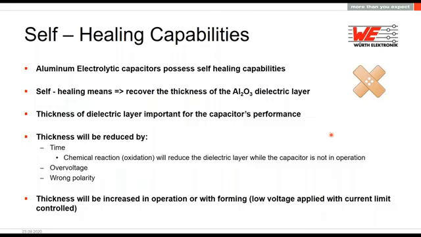Also, overvoltage and wrong polarity damage the oxide layer and should be avoided. The thickness will be increased in operation or when we do some forming. Forming means we apply the voltage with a current limit, so we control the current and then the oxide layer is built up again.